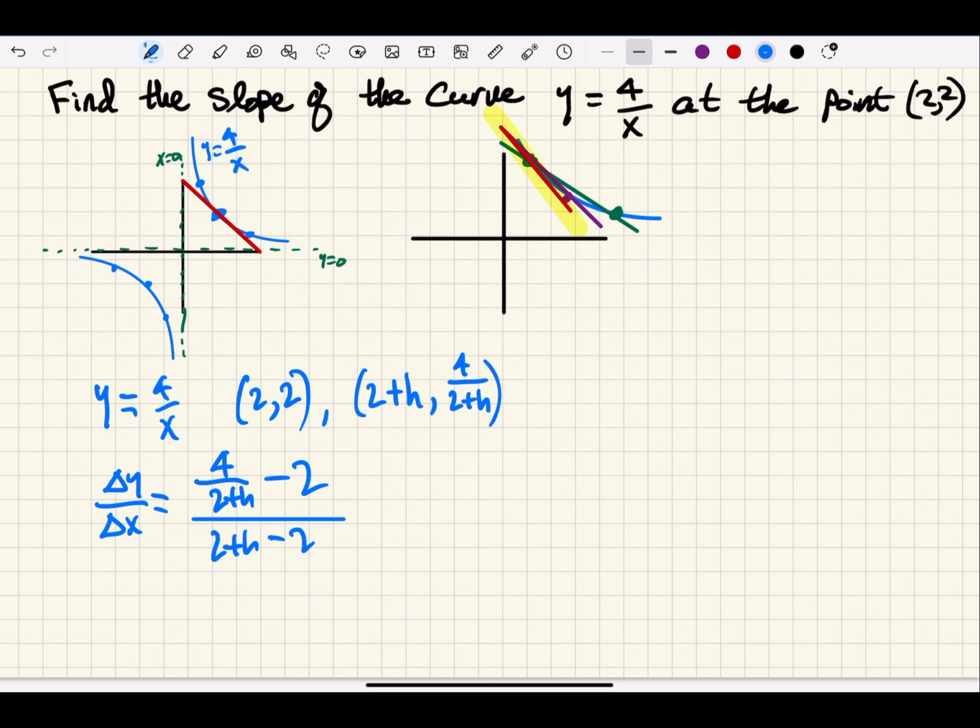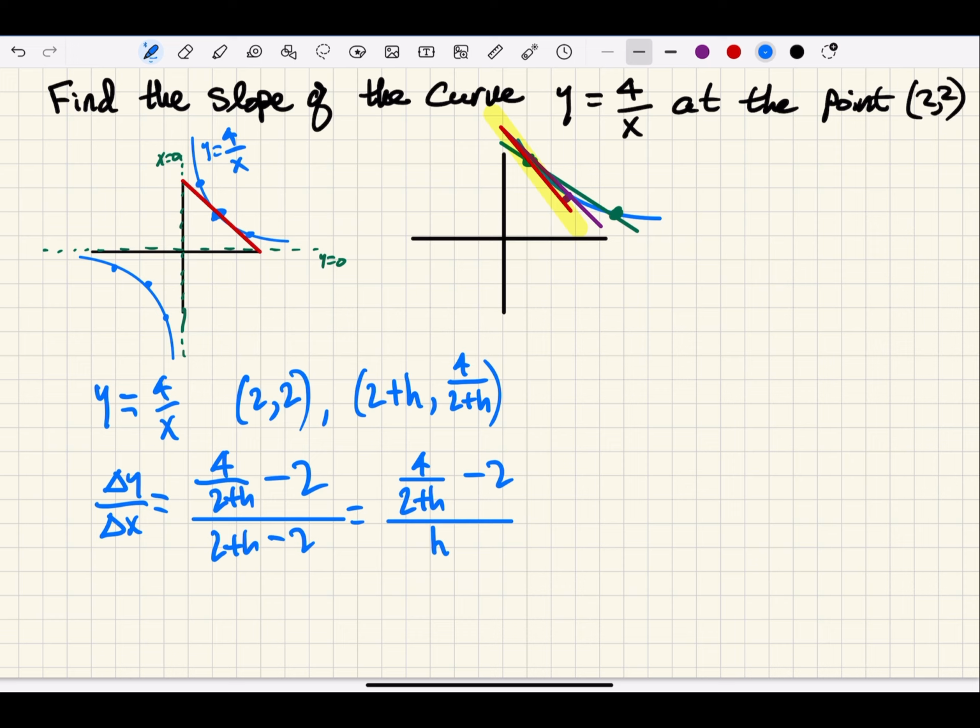Now, we have a problem here. If we were to do a little bit of simplifying here, we would have 4 over 2 plus h minus 2. And in the denominator, the 2's would cancel and we'd have just h.